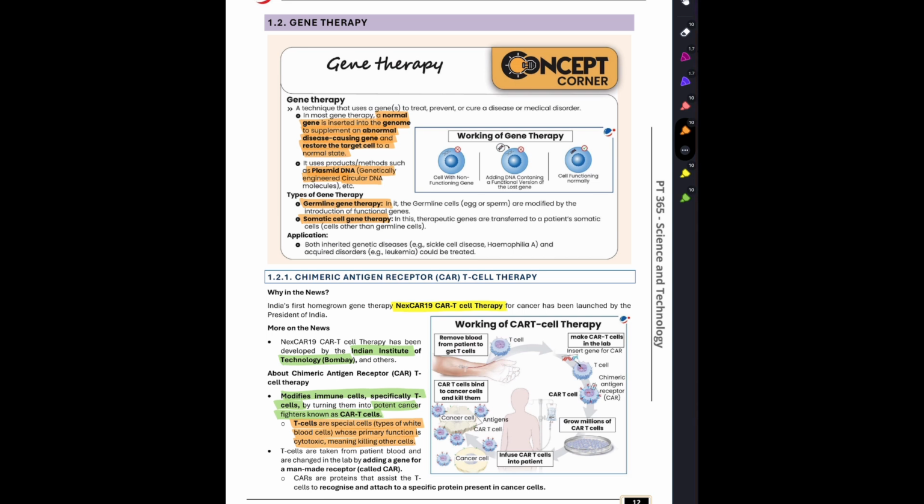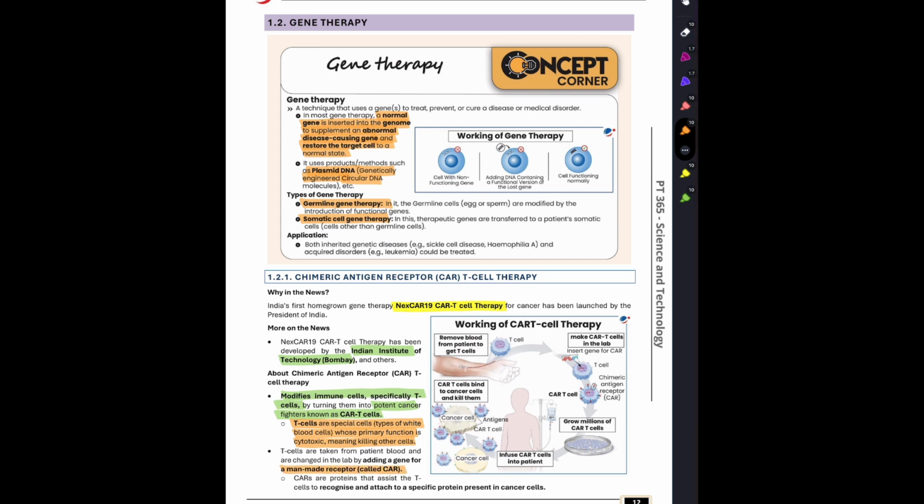T cells are taken from the patient's blood and are changed in the lab by adding a gene for a man-made receptor called CAR. So T cells are extracted from a patient's blood and then they are modified in the lab by addition of a gene for a man-made receptor called CAR.